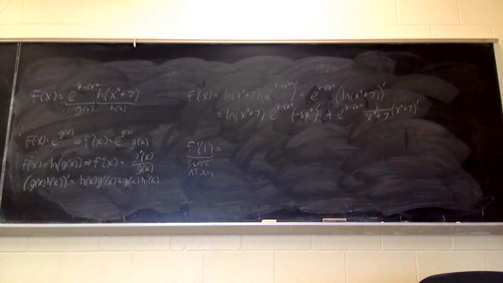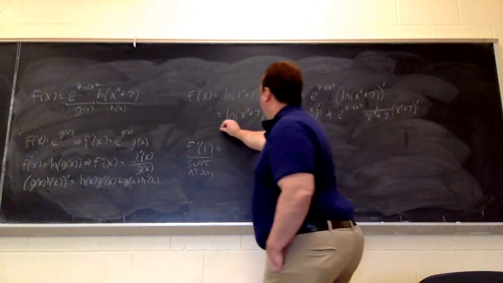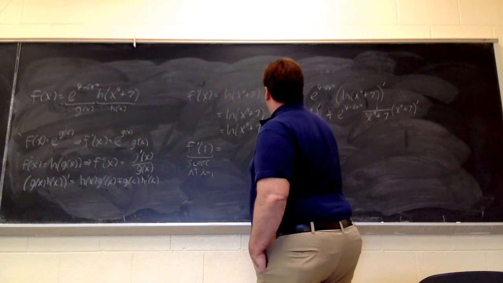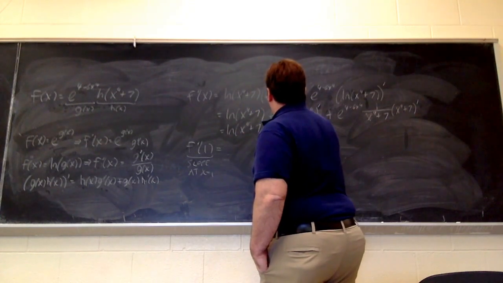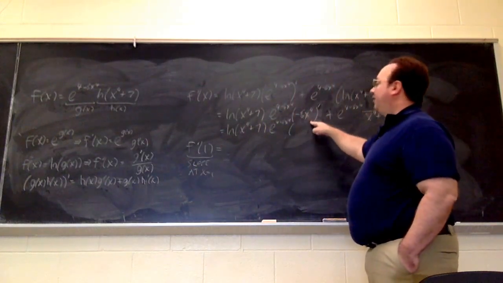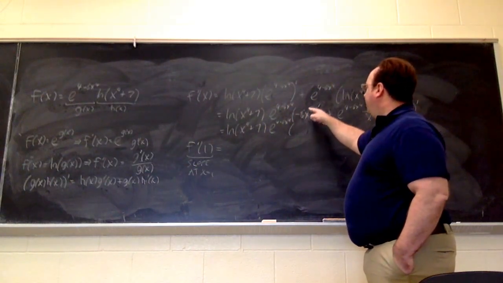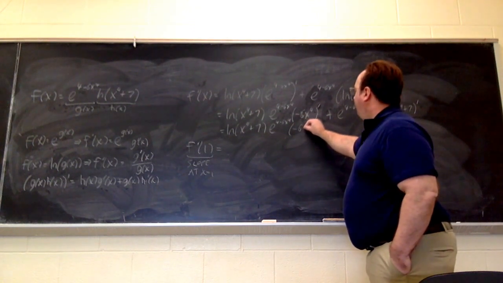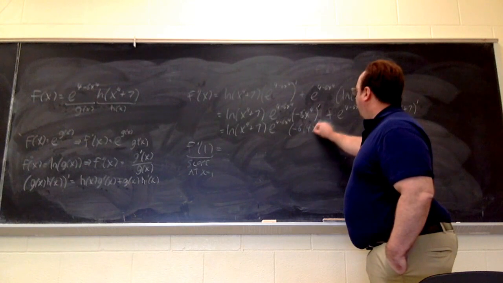Okay, now I can take the derivatives of much simpler functions to finish this off. So I have natural log of x to the 4th plus 7 times e to the 4 minus 6x to the 4th times the derivative of minus 6x to the 4th. I pulled down the exponent 4, so I have minus 6 times 4x cubed.